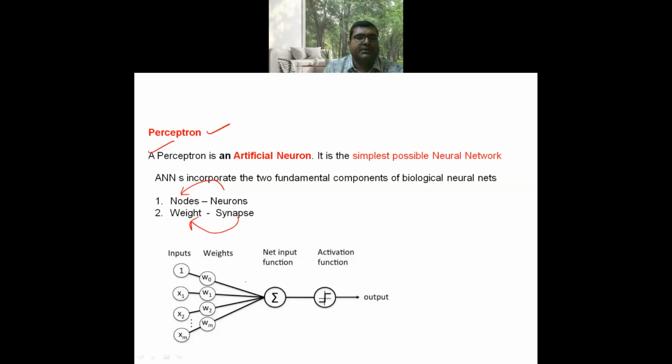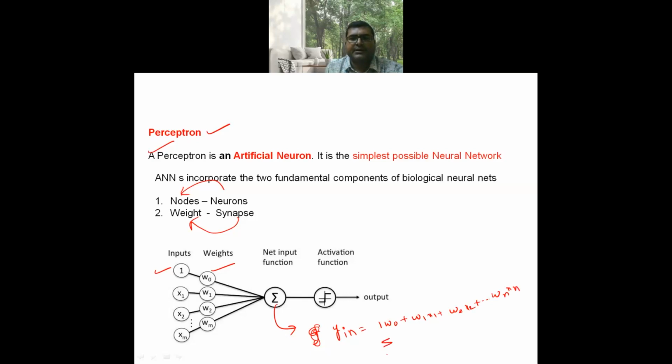Now here some inputs are applied, and the inputs are multiplied with the given weights, and some summing operation will be done like this here. The summing operation, let it be y_in equal to w1 x1 plus w2 x2 plus and so on up to wn xn.